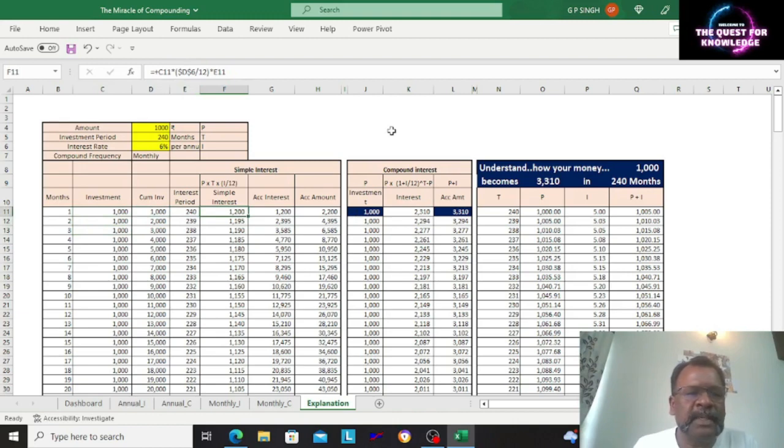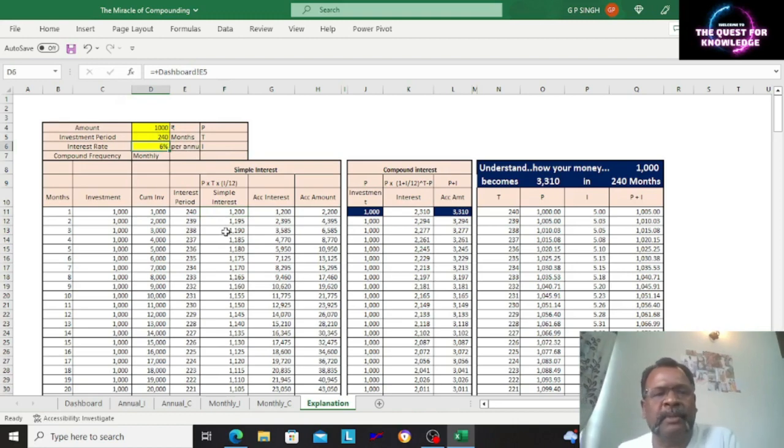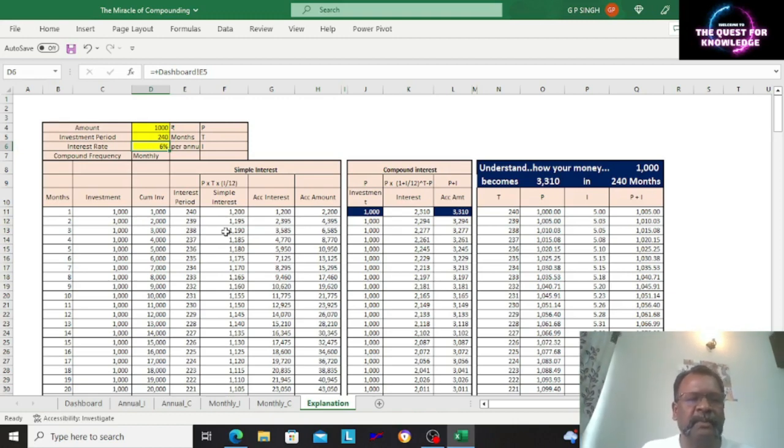We are doing basically the multiplication of P, T and I, and T and I we are converting into per month interest because the interest rate here is 6% per annum, whereas the period is in months. So we need to align these two. The unit of the period has to be the same in the investment period as well as the rate of interest.